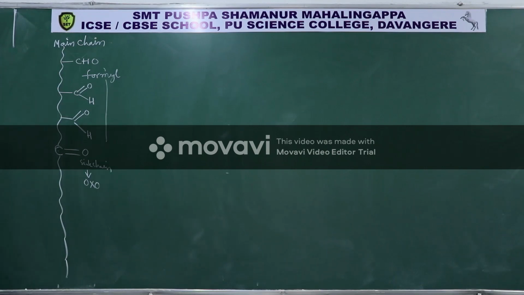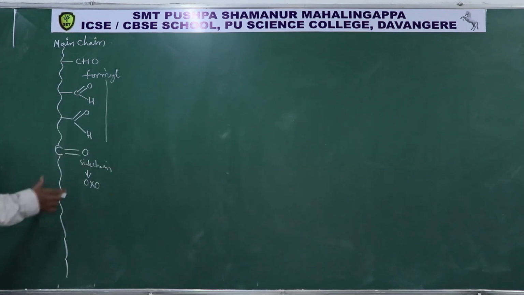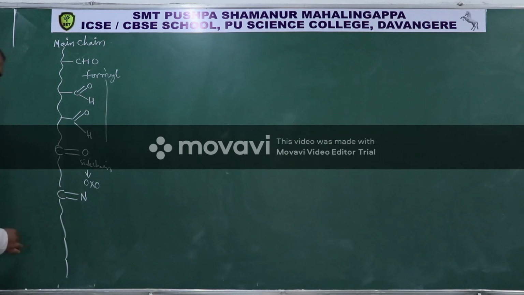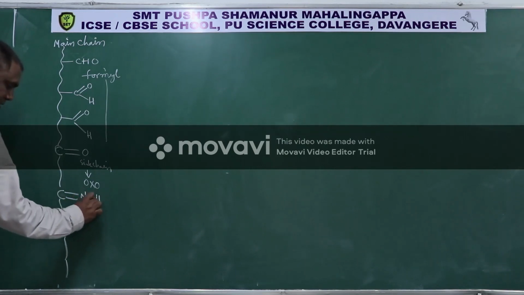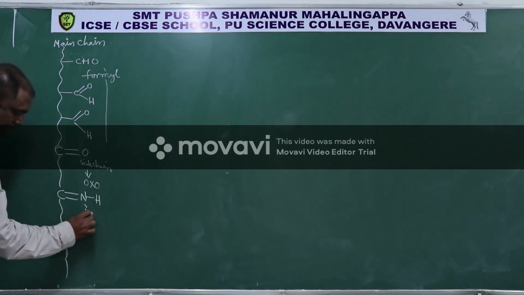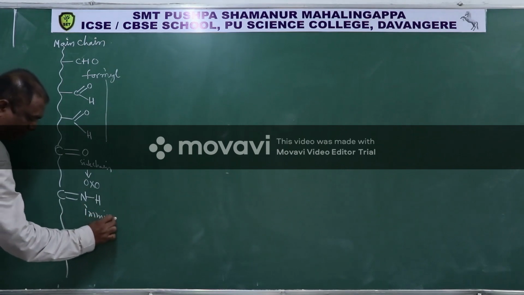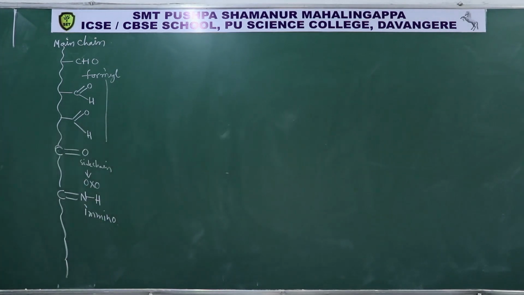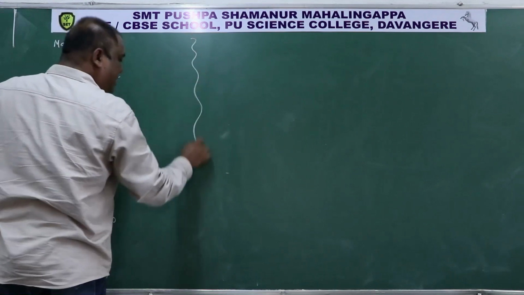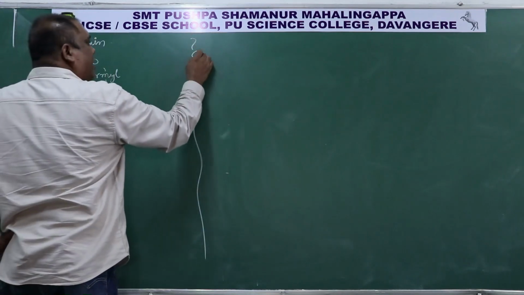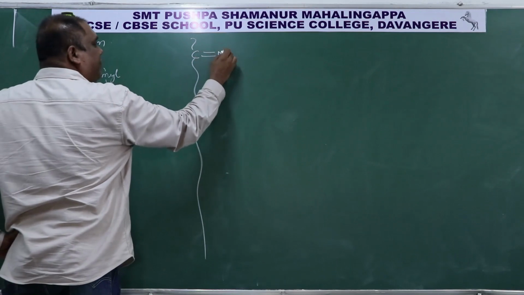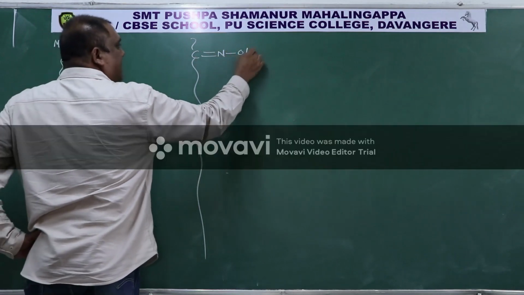Then in the main chain, if there is carbon attached to nitrogen and which is attached to H, then it is called imino. Then this is the main chain. Here is a carbon double bond with N attached to OH.